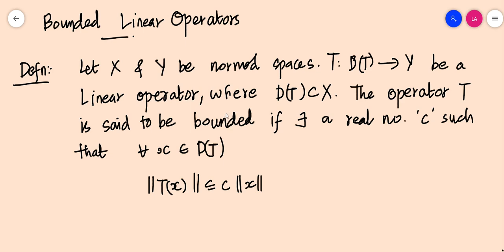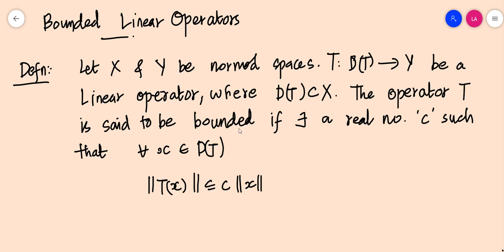It does not mean that the range set is a bounded set, and it does not give an idea about whether the range set is bounded or not. So for real-valued functions, the concept of boundedness is not exactly similar to the boundedness of linear operators defined on normed spaces.